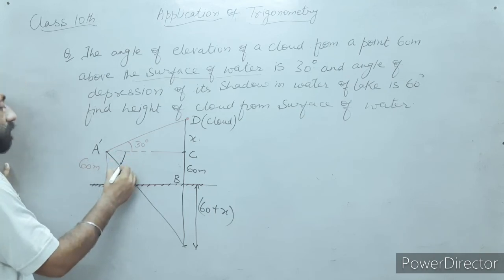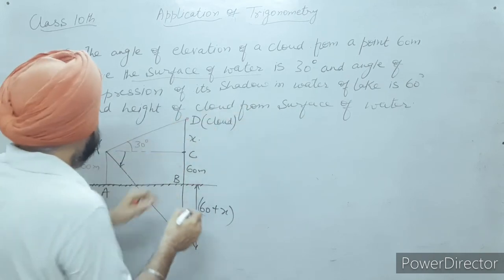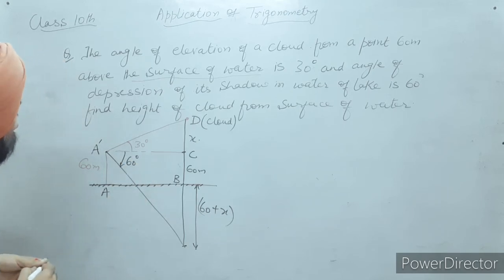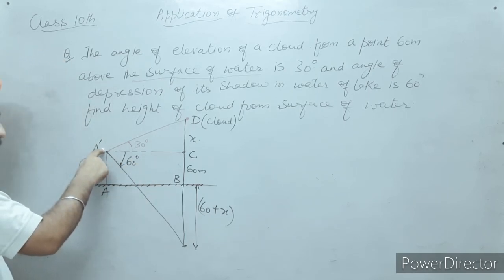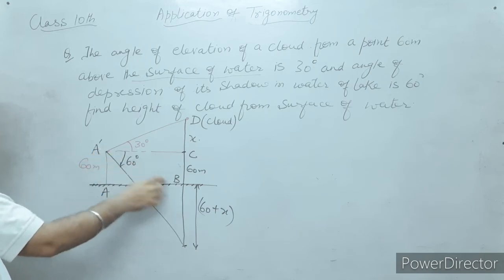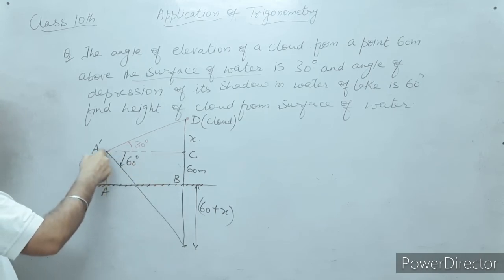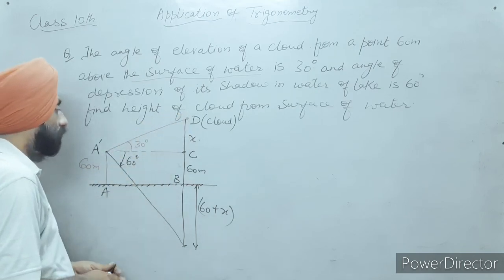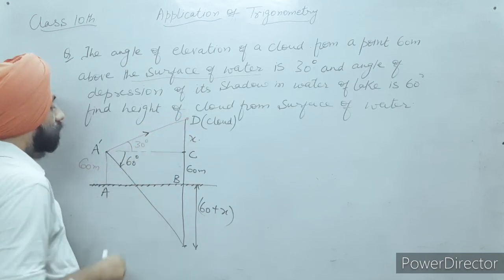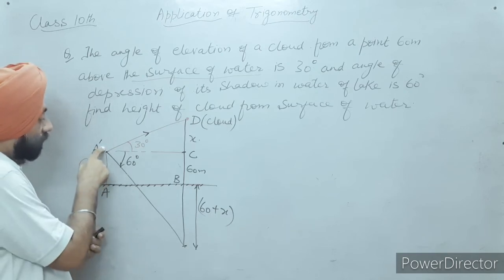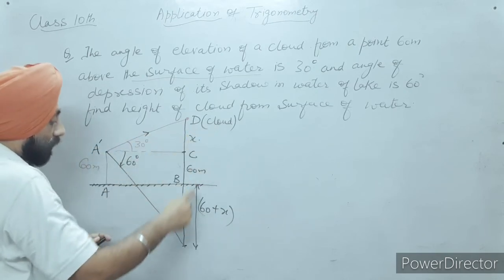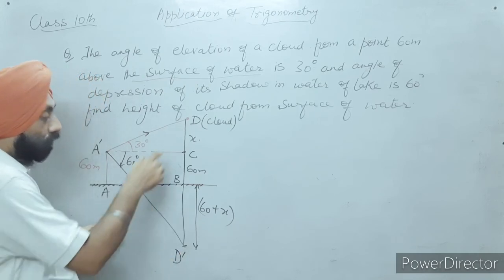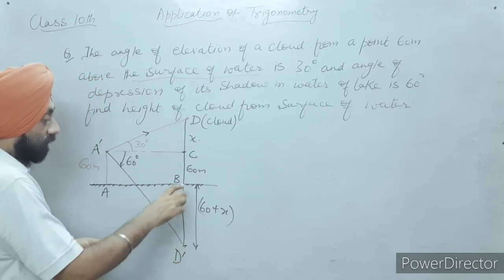This angle is 60 degrees. Now, a person is standing over here 60 meter high from the surface of the lake. He is to see a cloud. The angle of elevation is 30 degrees. From the same point, this cloud has an image, that is D dash, in the water of the lake.